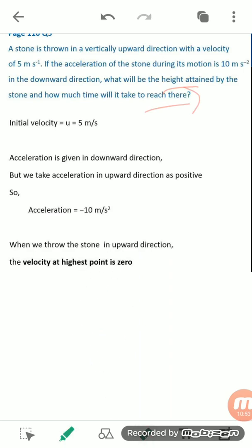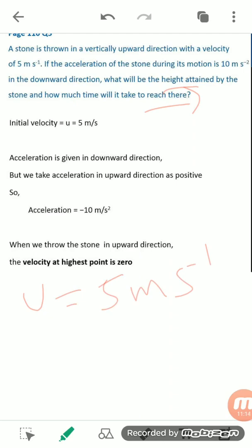So you see here, when the stone is thrown, at that time it has a velocity, and that velocity is the initial velocity, which is u, and u is equal to 5 meter per second.